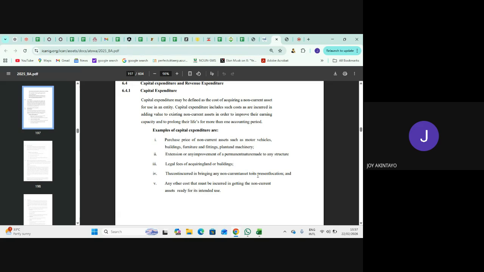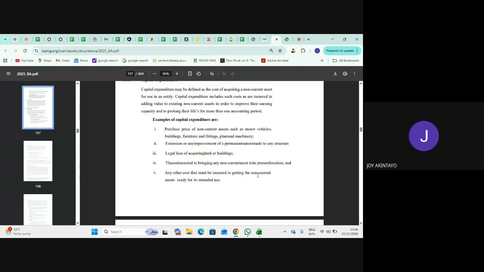Another one is the legal fees of acquiring land or building. That's another type. The cost incurred in bringing any non-current asset to its location must also be considered. Then any other cost that must be incurred in getting the non-current assets ready for use. Are we together?